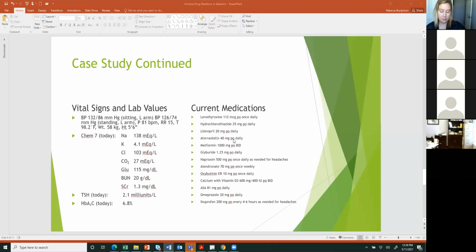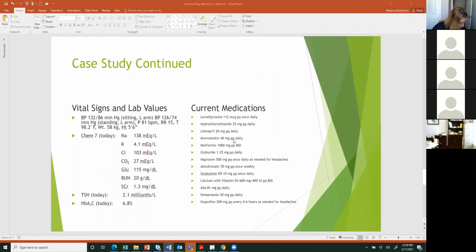Atorvastatin 40 milligrams, looking at this at first glance, I might not be too concerned about it. This patient is an older patient though, and this medication is being used for primary prevention, and it's technically a high intensity statin.